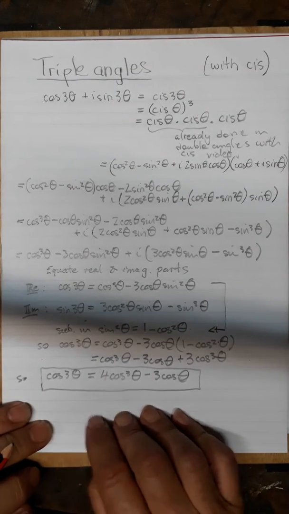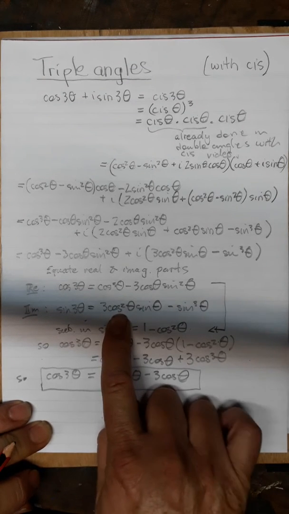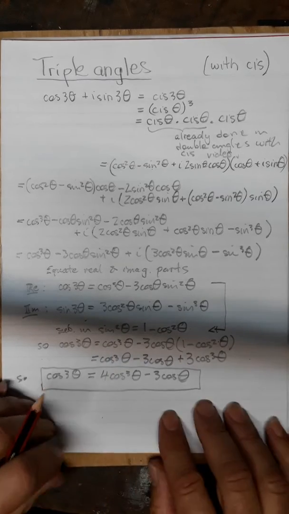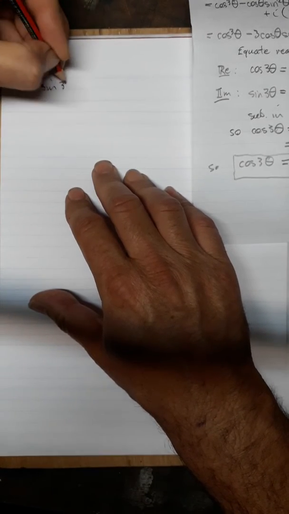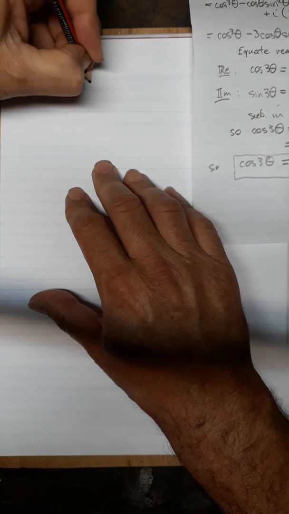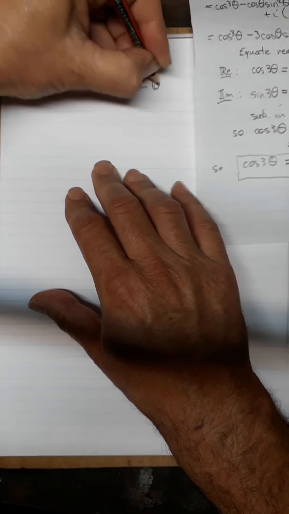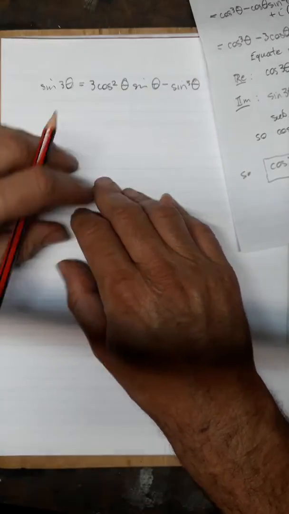Right, now let's have a look at the imaginary part. Let's do the same thing in there. Let's remove this offensive cos squared theta, and we'll use the Pythagorean identity again. So I'll just rewrite that. Sine 3 theta equals 3 cos squared theta sine theta minus sine cubed theta.